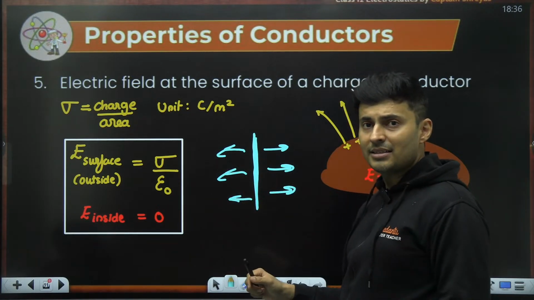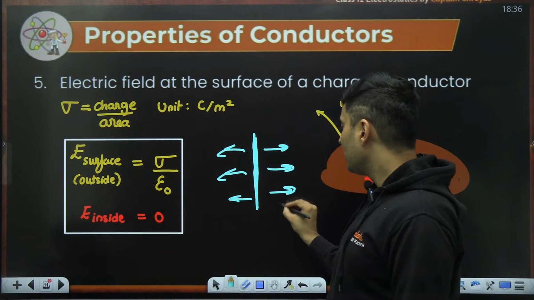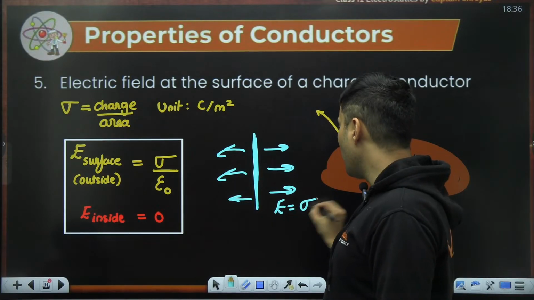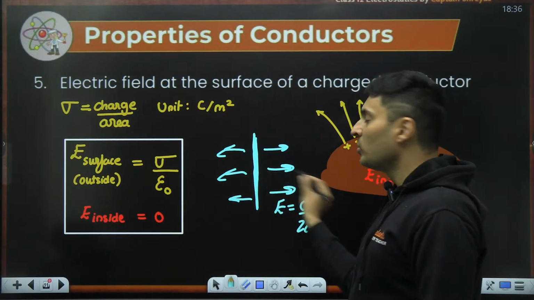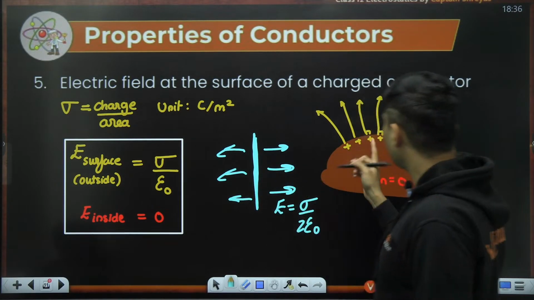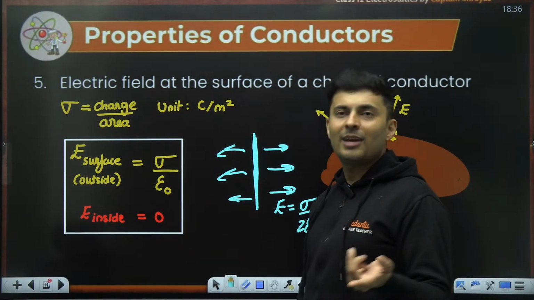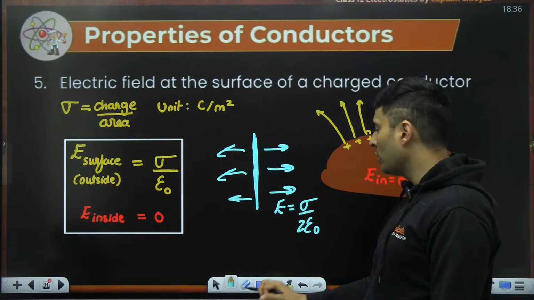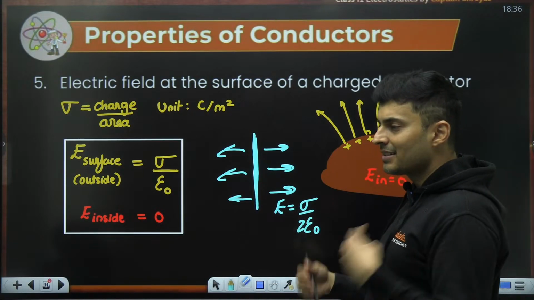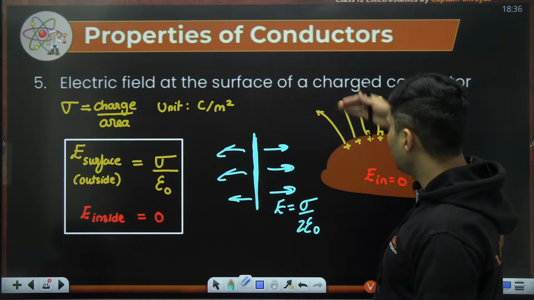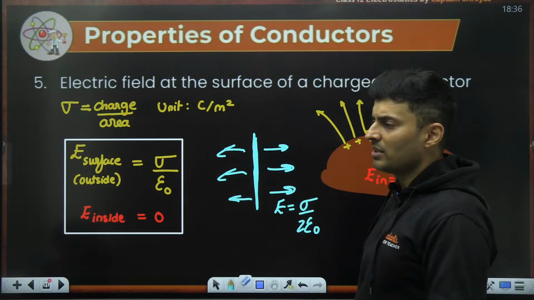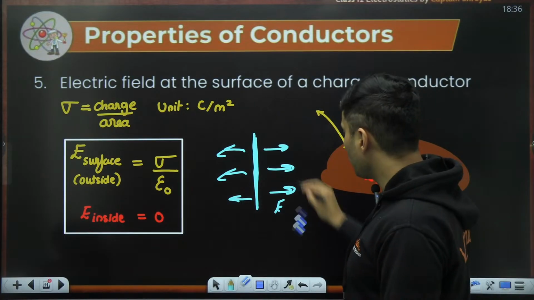So in that case, when it is going two sides, it will be sigma by 2 epsilon. Two sides, so 2. Here the field is going only on one side, so sigma by 1 epsilon. Is it easy for you to remember now? Going two sides, sigma by 2 epsilon; going only one side, sigma by 1 epsilon.